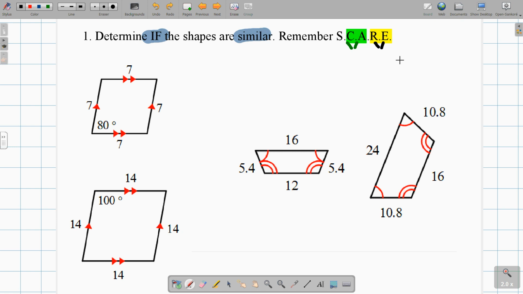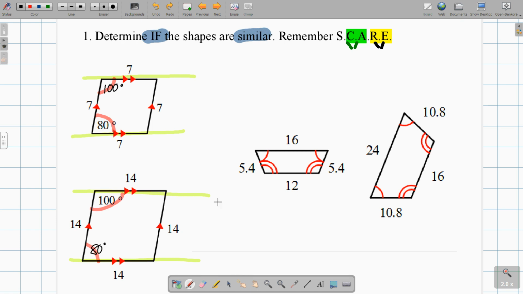So on the left, first I note that I have parallel lines. If I have parallel lines, I'm going to stretch them out just mentally. And right away, I know these angles, which are consecutive interior or same side interior, are supplementary. So if that's 80, this is 100.